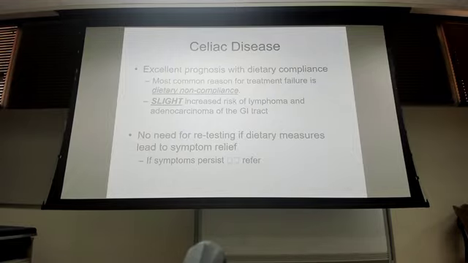Most common reason for treatment failure, obviously, is adherence to a gluten-free diet, because it's in everything, right? Lots of gluten in processed foods as well. Small amounts can trigger the symptoms to come right back. So if they decide to take a gluten-free holiday and start putting some gluten in, even small amounts can start to cause a reoccurrence of the symptoms which we talked about.